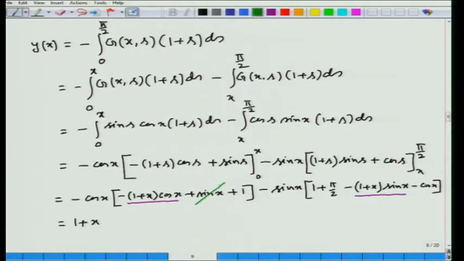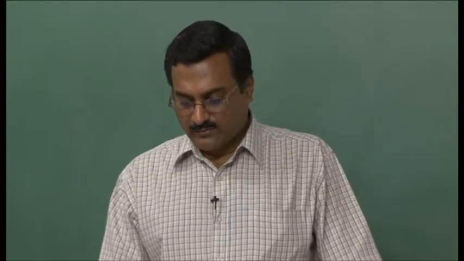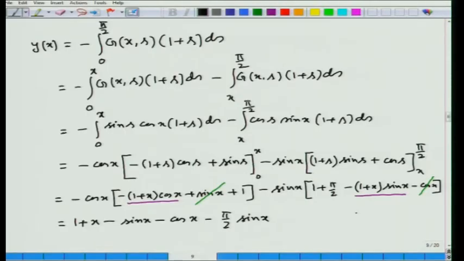So, then we are left with minus sin x minus cosine x and minus pi by 2 sin x. So, this is actually the solution of the non-homogeneous boundary value problem, that is d 2 y dx 2 plus y equal to 1 plus x, subject to the boundary conditions y 0 equal to 0 as well as y pi by 2 equal to 0.